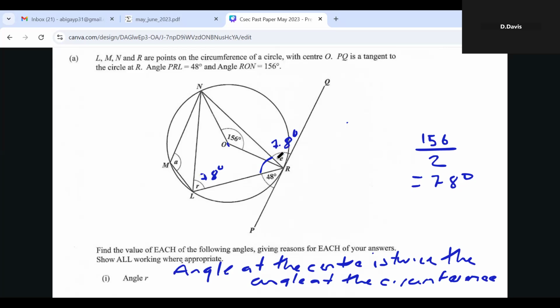All right, so this and this, I'm gonna find the angle here first. So we know that this is a straight line. So 78 and 48. So 180 minus 48 plus 78. Use our calculator. Equal 54 degrees.